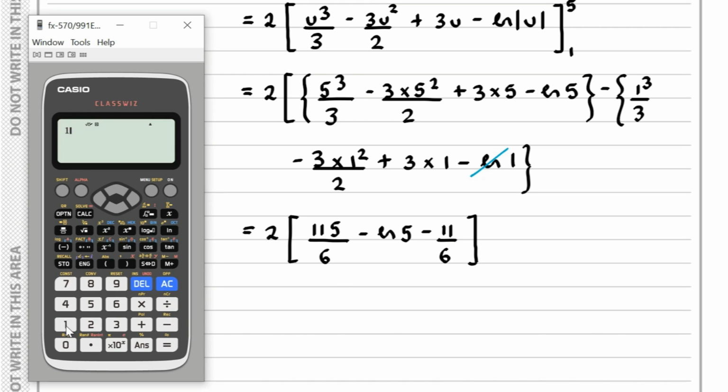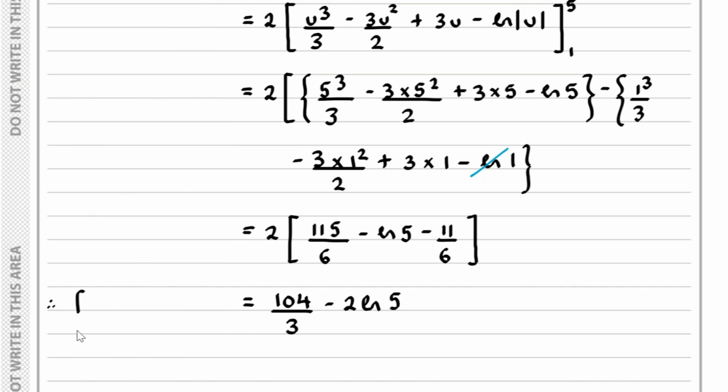So 115 over 6 minus 11 over 6, that's 52 over 3, and then if I multiply that by 2, we get 104 over 3 minus 2 times by the natural log of 5 as our final answer.